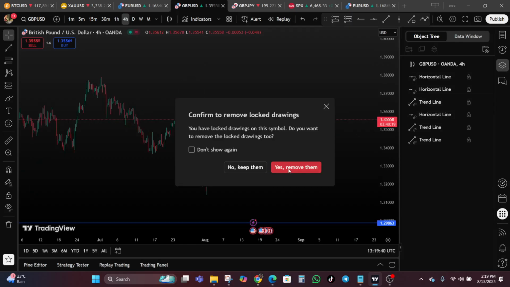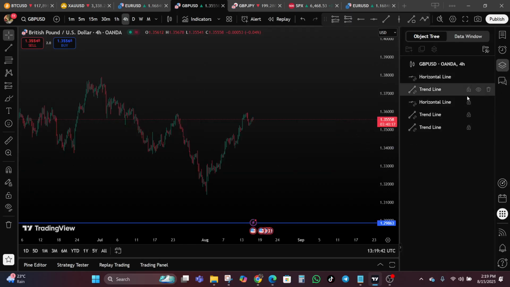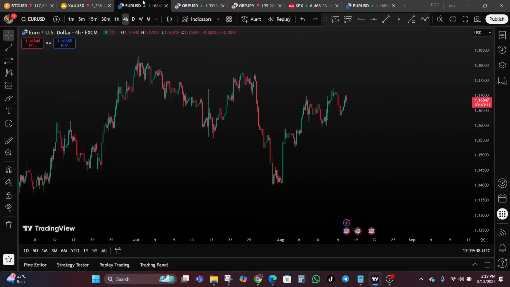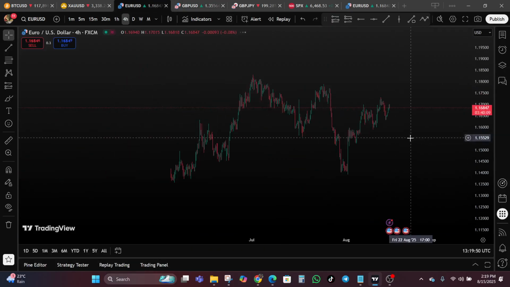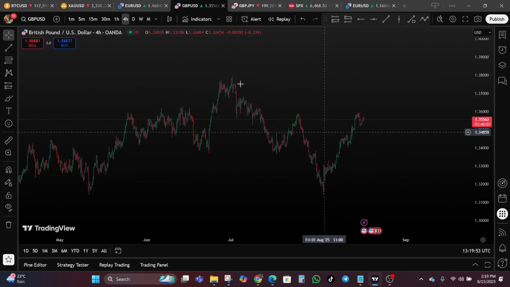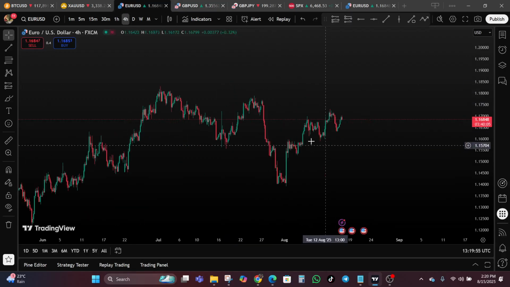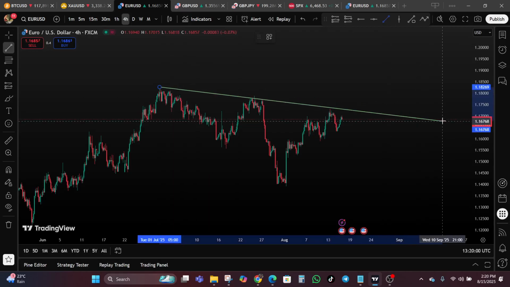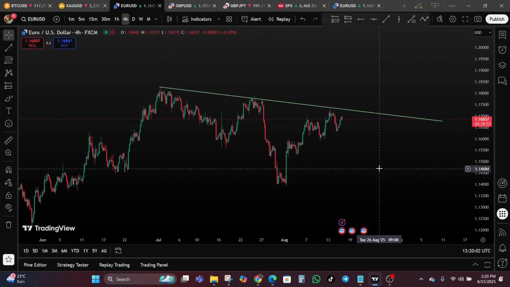we are actually having almost the same pattern being printed on the chart. It's not exactly identical, but we have a similar pattern being printed on the chart from what we can see right here.